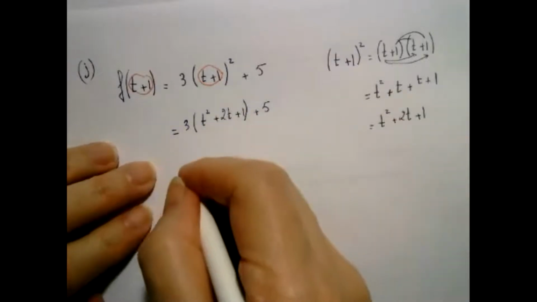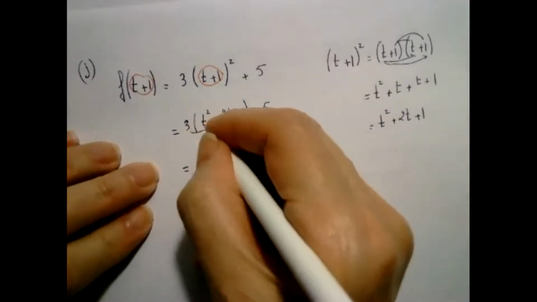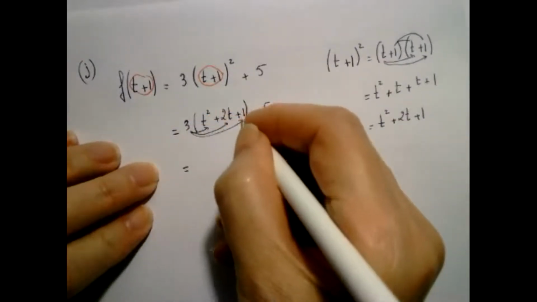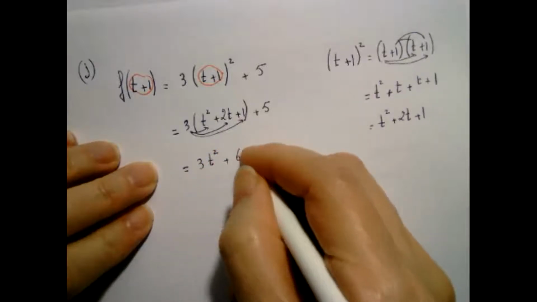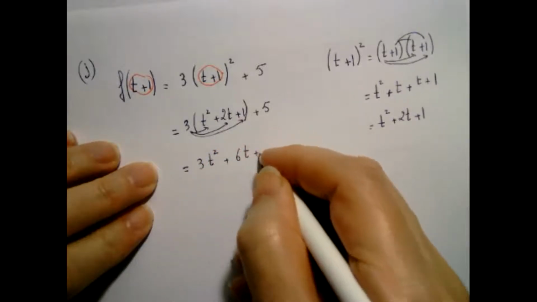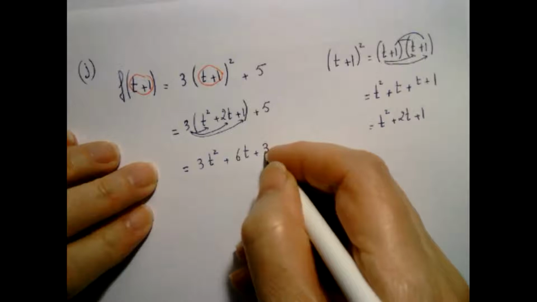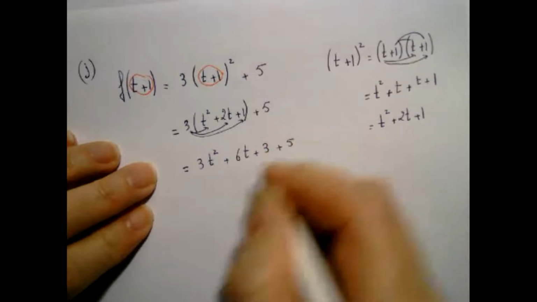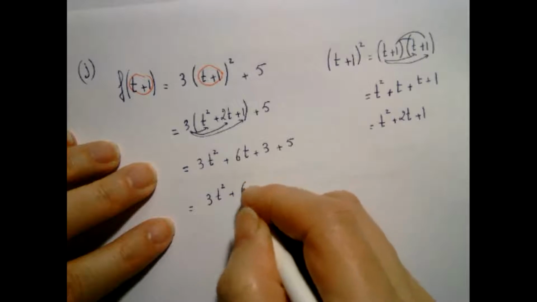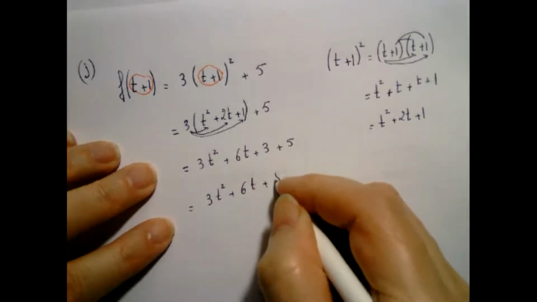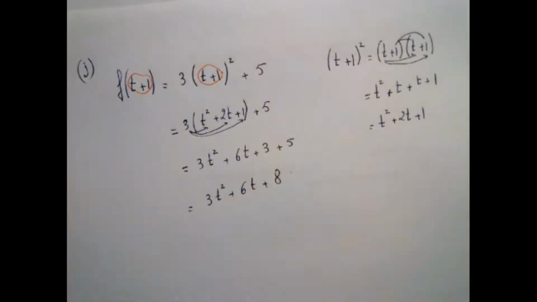Now, since they want me to simplify, I need to distribute again. I will have 3t squared plus 6t plus 3 plus 5. And this gives me 3t squared plus 6t plus 8. That's the correct answer.